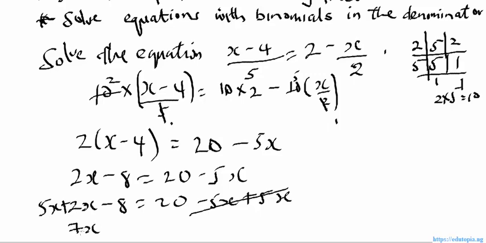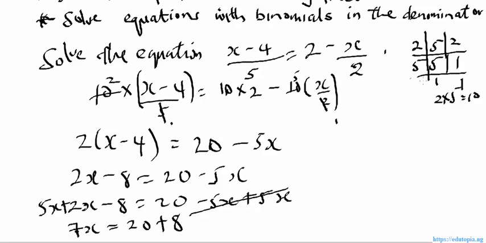7x minus 8 is equal to 20. Now take 8 to the right hand side simply by adding 8 to both sides. Minus 8 moves over to the right hand side and becomes addition, giving you 20 plus 8.